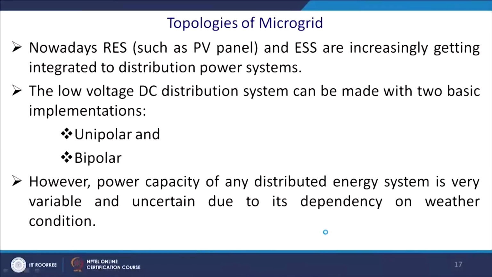And another, we have discussed the topologies of the microgrid, we are just recapitulating it again here. These are the unipolar and the bipolar microgrid. Nowadays, we have seen that the bipolar microgrid gives you more redundancy.